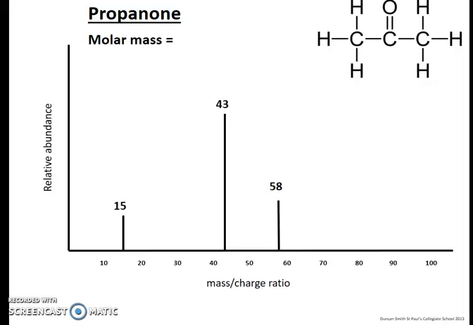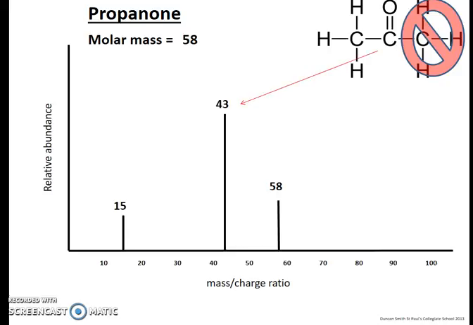With a ketone, though, you almost never get a fragment of 29 unless it's in a longer carbon chain. But a peak at 43 in this case is going to indicate that loss of a methyl group. So that's going to be your CH3 C double bond O at 43.